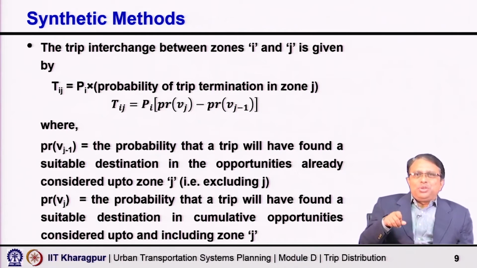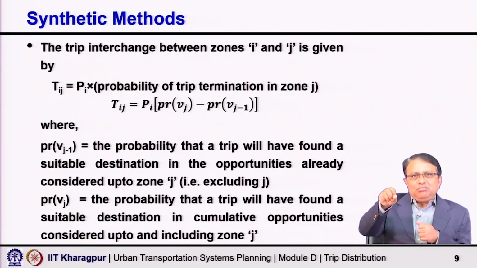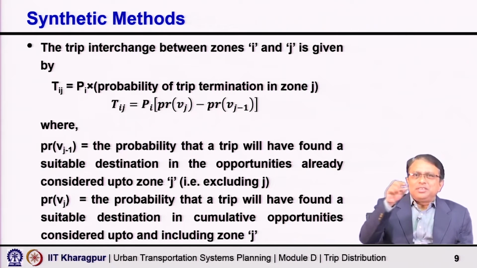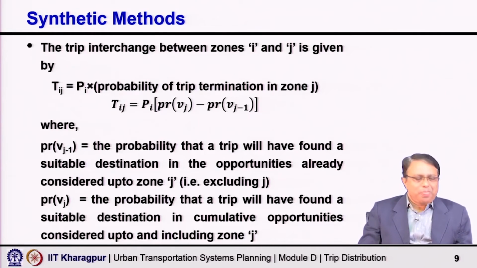The earlier one excluding j. So, up to jth zone in this case, and in the previous one the probability of locating a trip up to zone just outside j, excluding jth zone, so up to j minus 1th zone. So, that is the difference in cumulative probability, that the trip will terminate in the jth zone or jth ring or jth band, whatever you say.